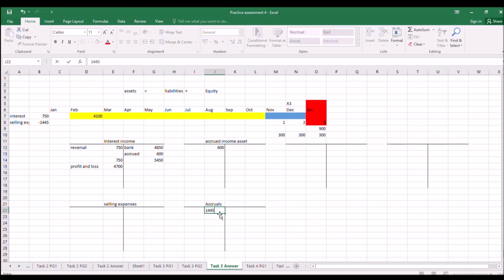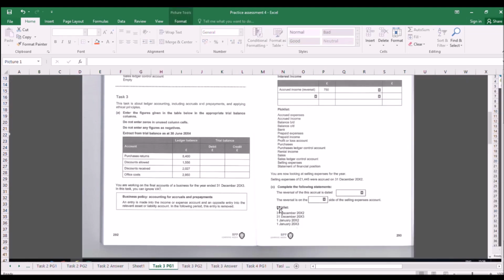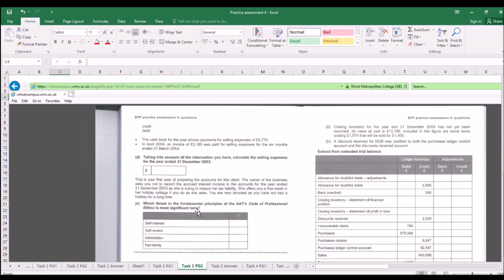I'm going to debit it at the start, and we're going to credit that as well. So that's going to be our reversing journal. In here, the reversal of the accrual is dated straight away afterwards, so it'll be 1st of January 2003. Okay, let's see what the next page says.